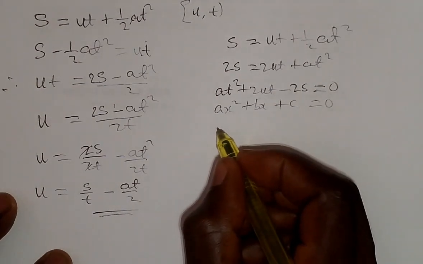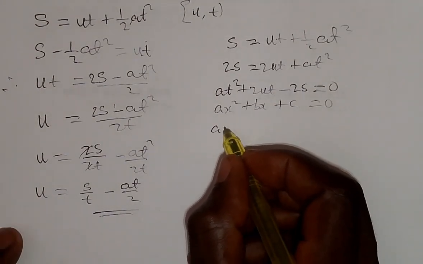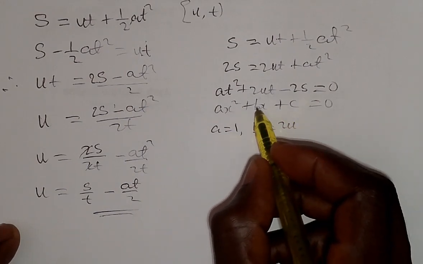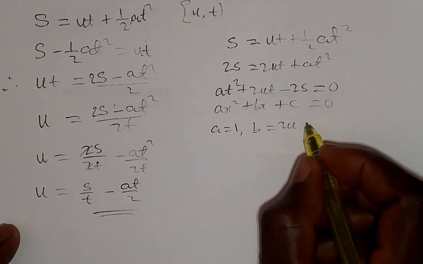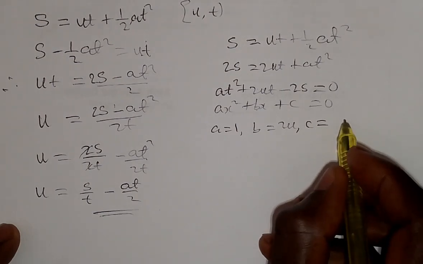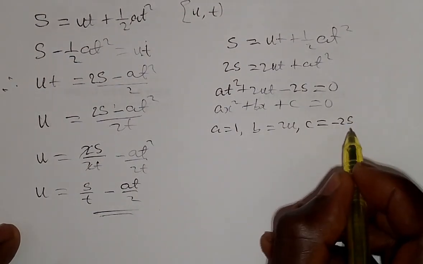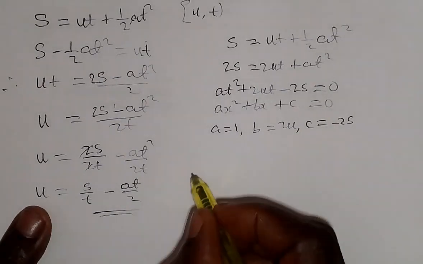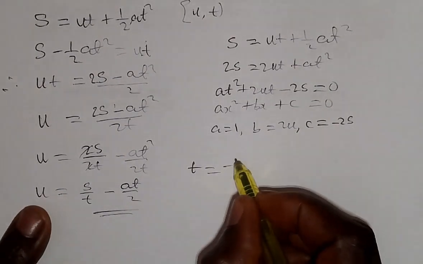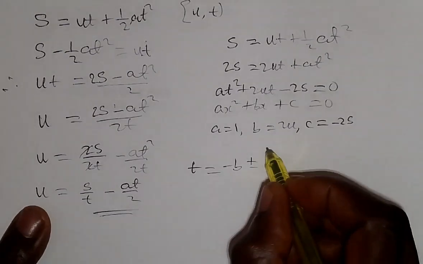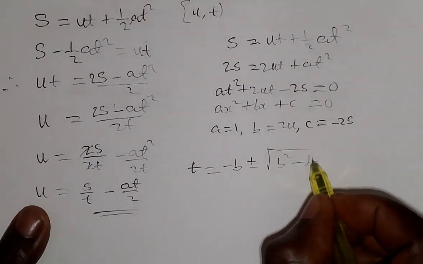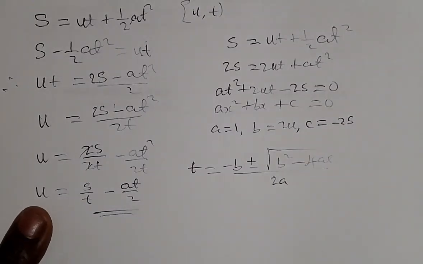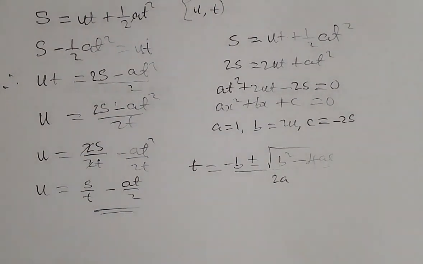So our a is a, our b is 2u, remember 2u, and c is a constant, which is minus 2s. Since we want to make t the subject of formula, by using the quadratic formula, t will be equals to minus b plus or minus square root of b squared minus 4ac, all over 2a. We use the quadratic formula in order to provide a solution for this.